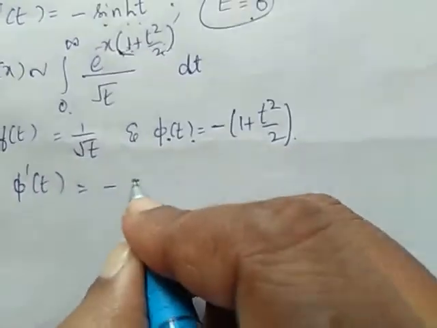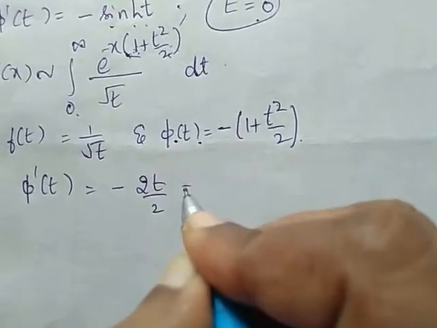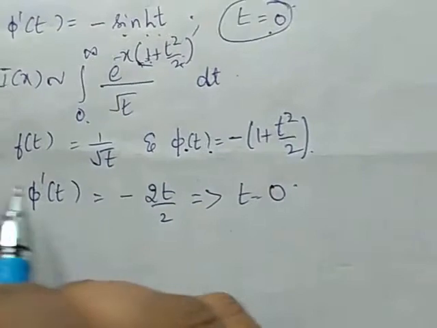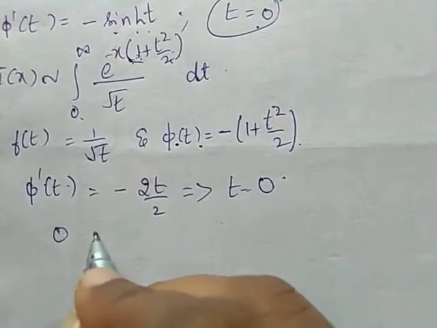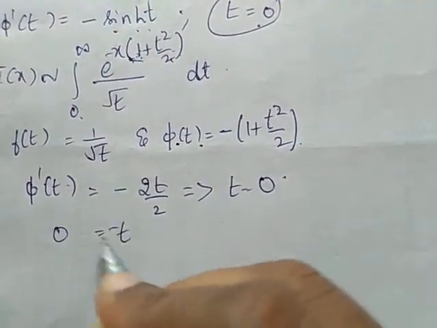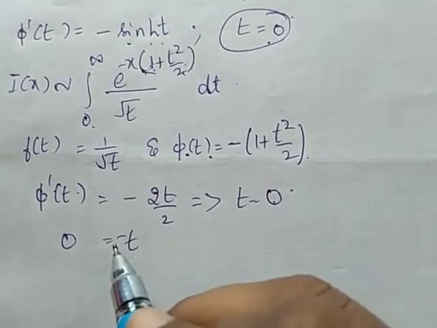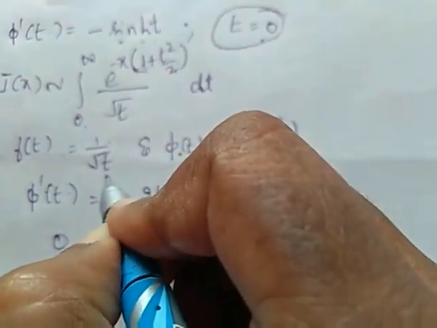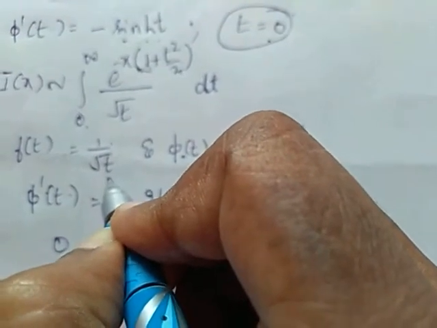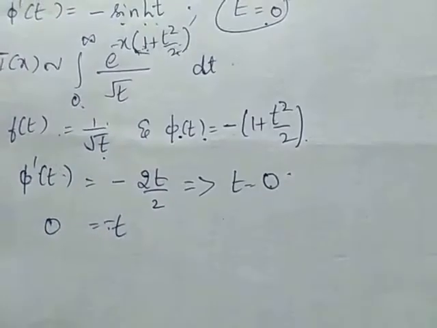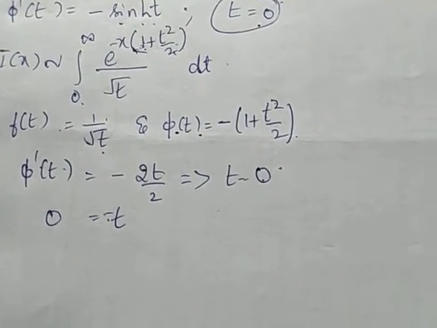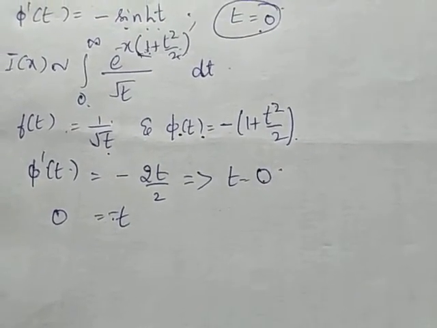Differentiation of t square is 2t. Phi dash of t is 0 means minus t is 0, therefore t is 0. So again when t is 0, f of t will become 1 by infinity, right?